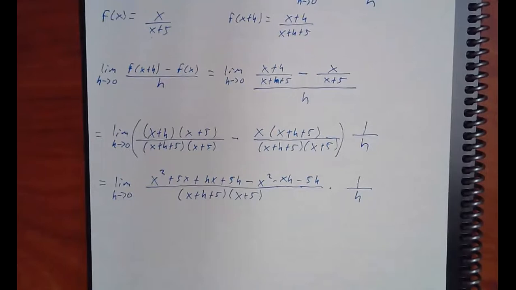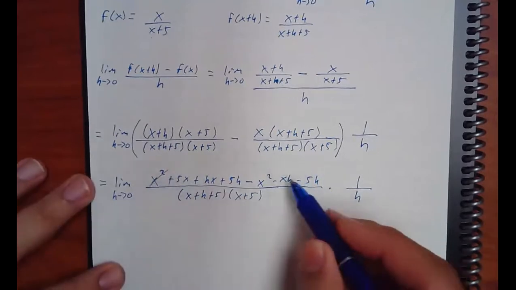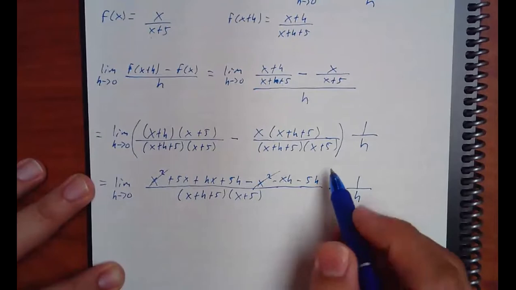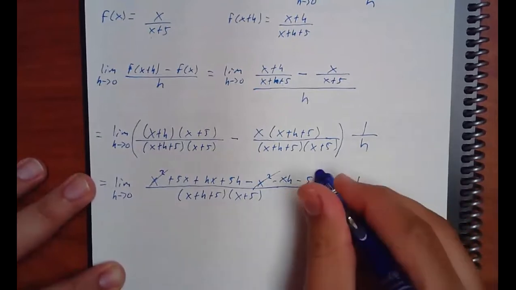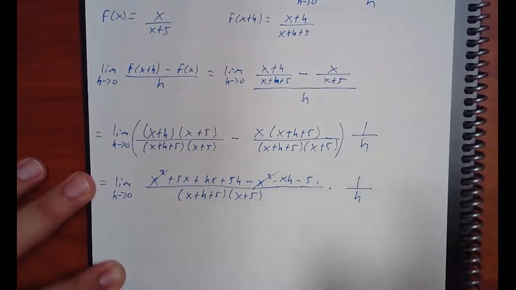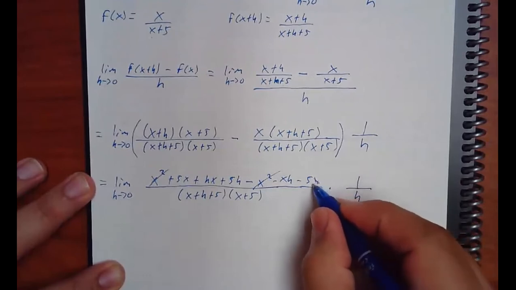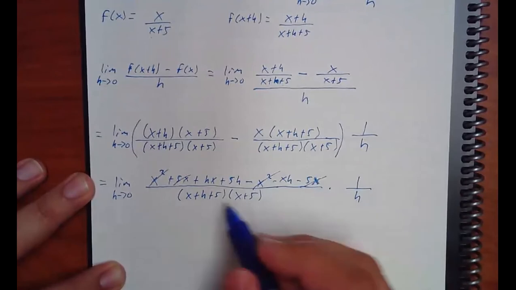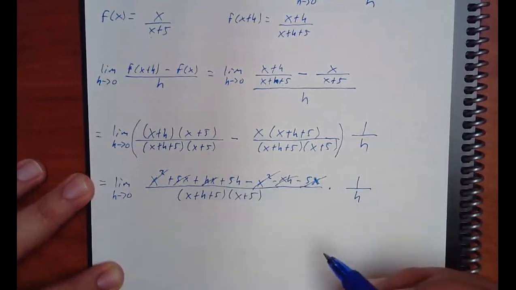Okay. So notice that these will cancel. Well, this should be 5x, not h. So this will cancel with that guy. This will cancel with that one.